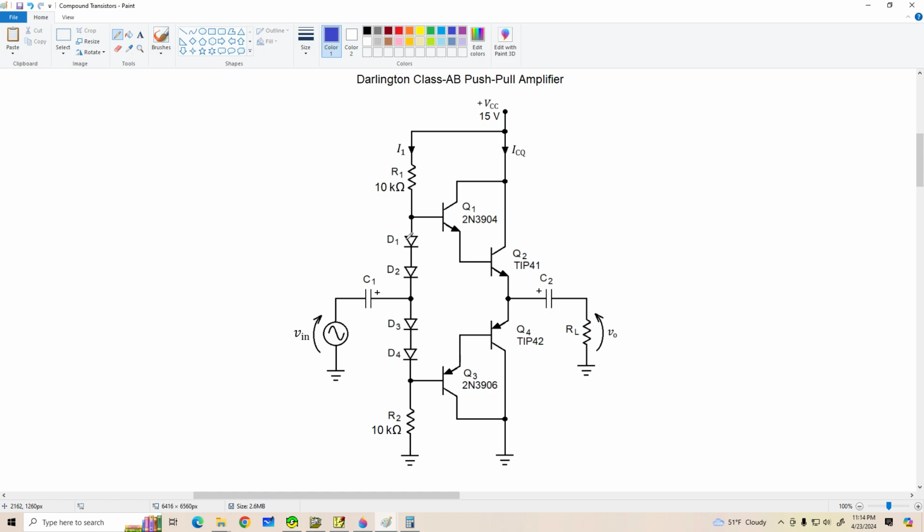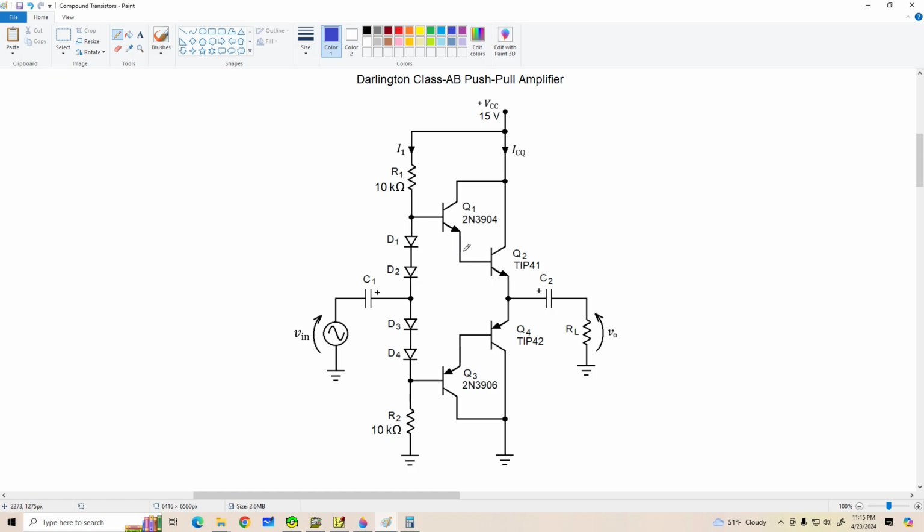All right, now notice we need 4 diodes to overcome these 4 barrier potentials and eliminate crossover distortion. This looks kind of like a current mirror situation, but it's not, okay? There's really no simple relationship between ICQ and I1, and that's because even if we tried to set up a current mirror, Q1 and Q2 are operating at drastically different collector currents, so these diodes are operating at the same current through each one.